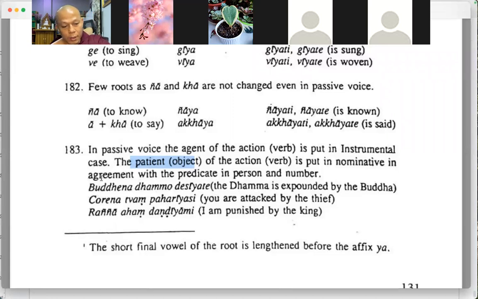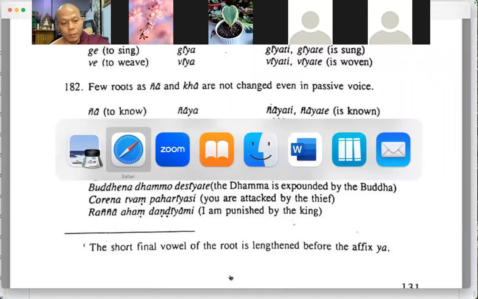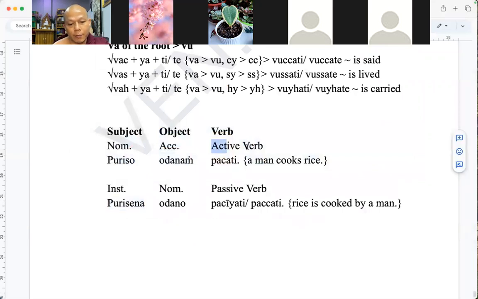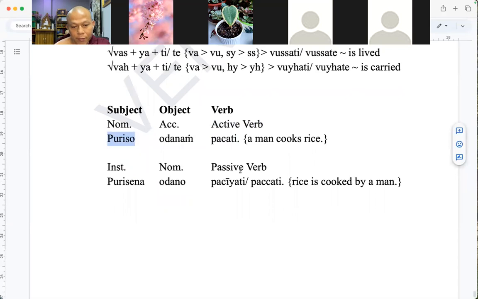Also, in the active, verb and subject must have agreement, third person singular, present. But in the passive, the verb is present third person singular and the object is third person singular, such an agreement.